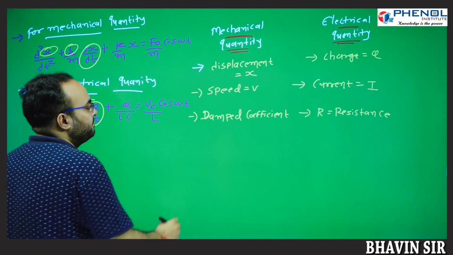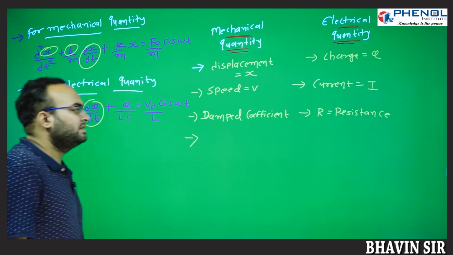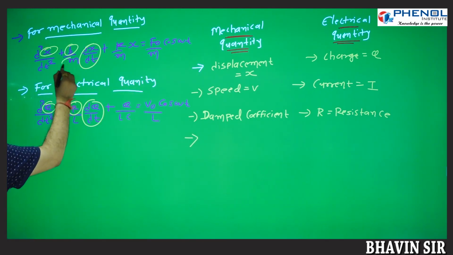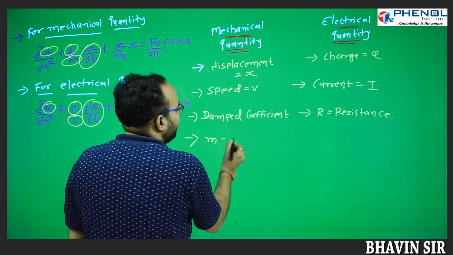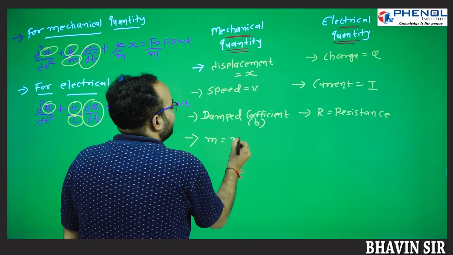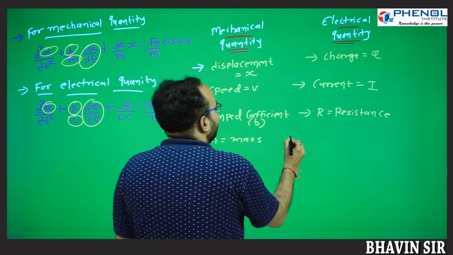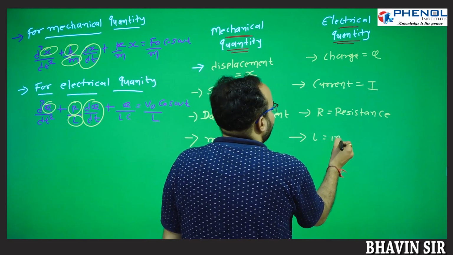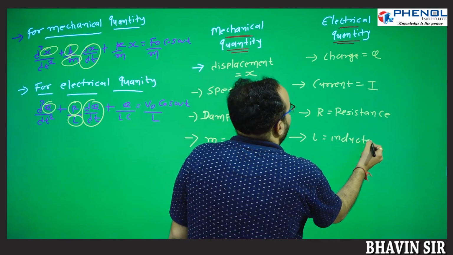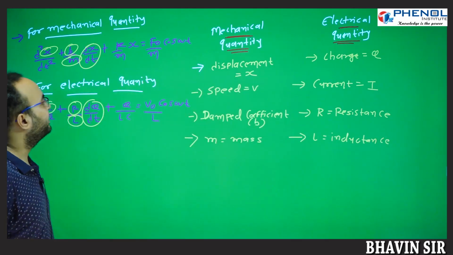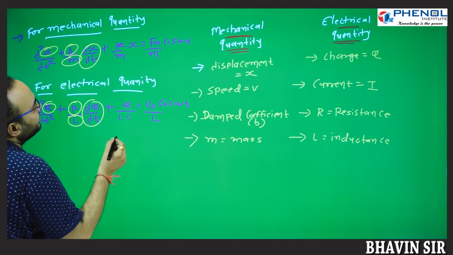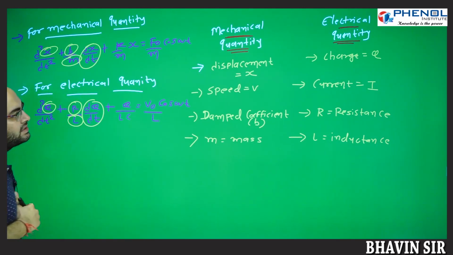Next see here m, so here L. m is mass, then here L means inductance. What is the next comparison?